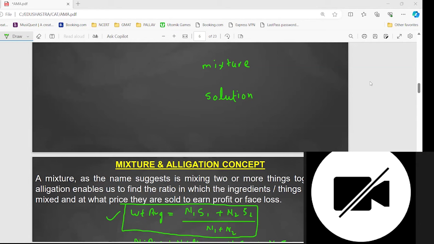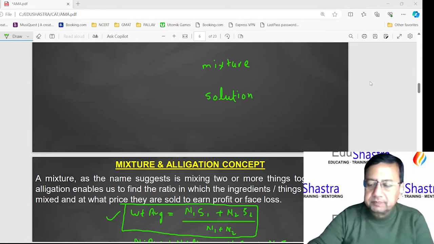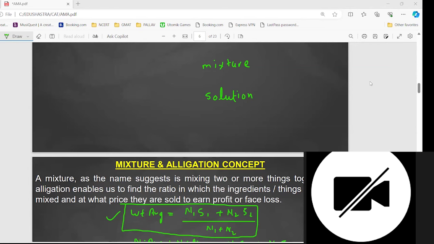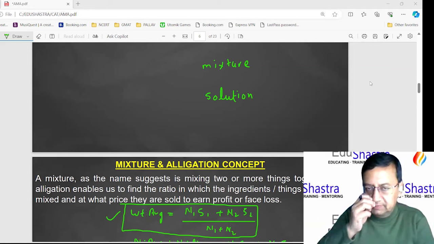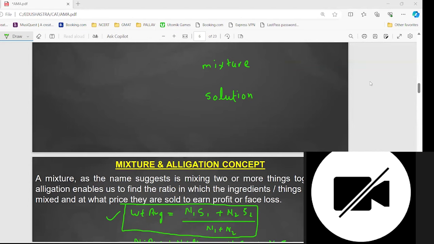But in a solution, you can't do the same. It's not a reversible process, because in a solution you form a new component itself. No worries, essentially it's coming down to reversibility.